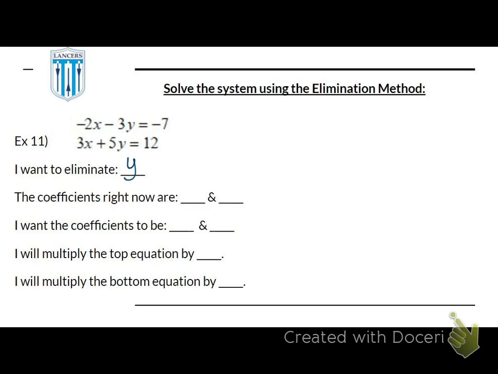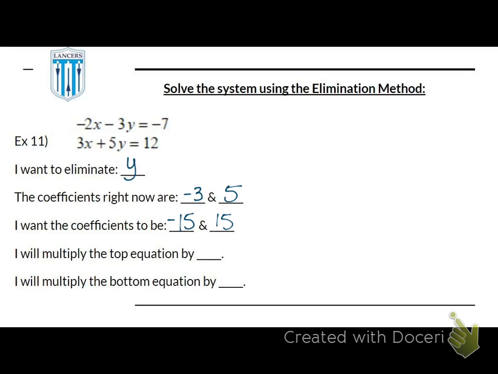The coefficients right now are -3 and 5. We have to think about what we want the coefficients to become: 15 and -15. I am going to write the -15 first because the 3 was already negative, and then I'll put my positive one back here.